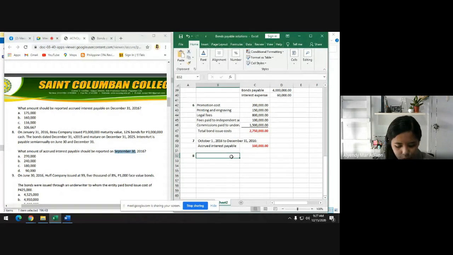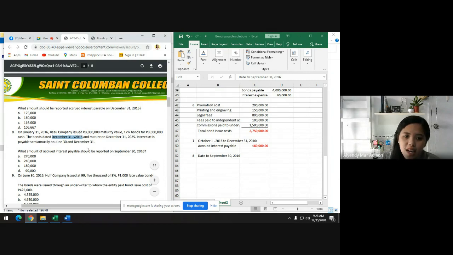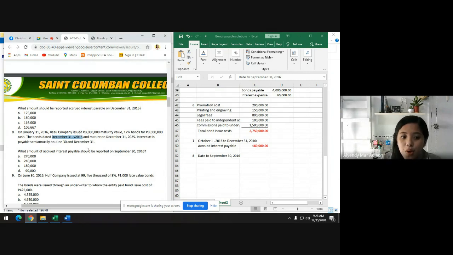So kumbaga, we will start with the date natong pilion. Taman, September 30, 2016. So kabalo ta hata taman, September 30. Pero, kabalo ka hata magsugod, no? Ano sa ang date sa bonds? December 31, 2015. Okay? We should also take note kung kano sa ta magbayad og interest. Take note, semi-annual man ta magbayad og interest.